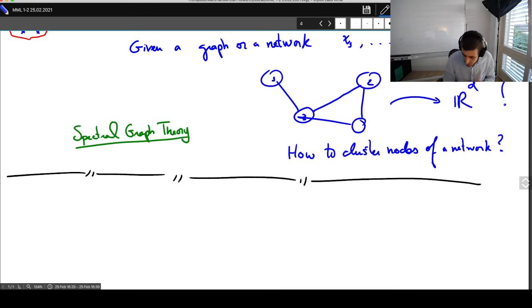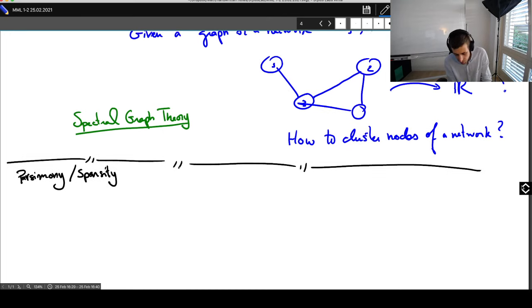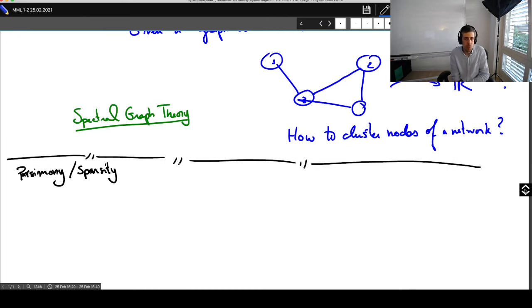Okay, so next we have something that I'll call data parsimony, or maybe we should think of it as sparsity. And this is a bit different. I'll start with a very nice example in recommendation systems.